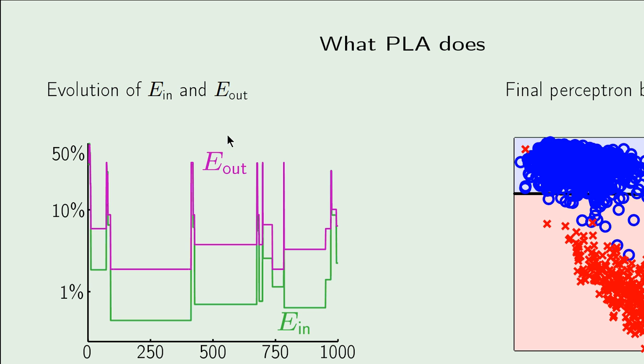Right now this is just for illustrative purposes, that the E out is also plotted. E out you don't really know because that's the out of sample error. But the important thing to note is that if you had stopped at one of these points, E in would have been very low, but now it's very high because you just stopped at a different point.